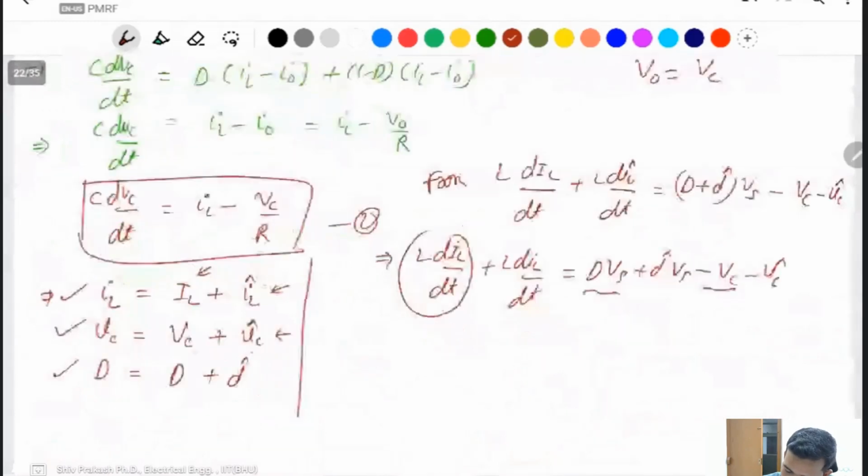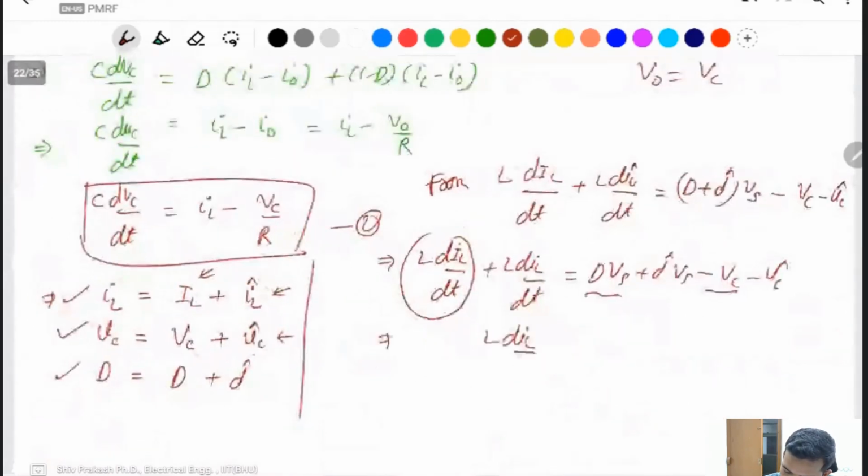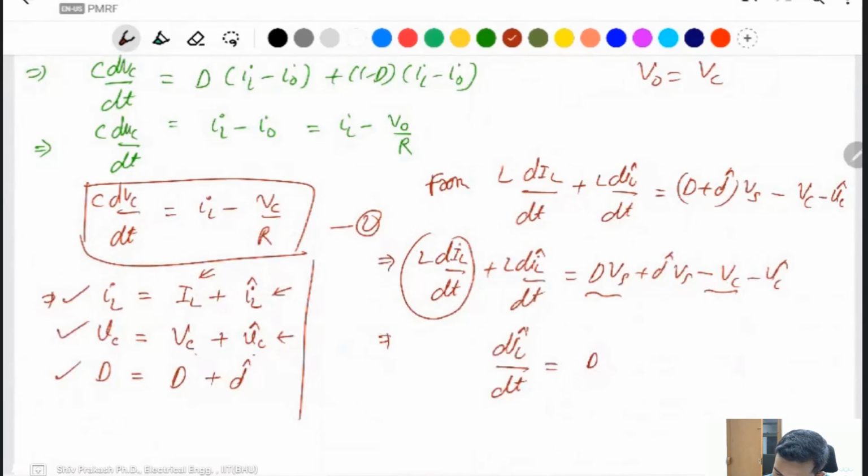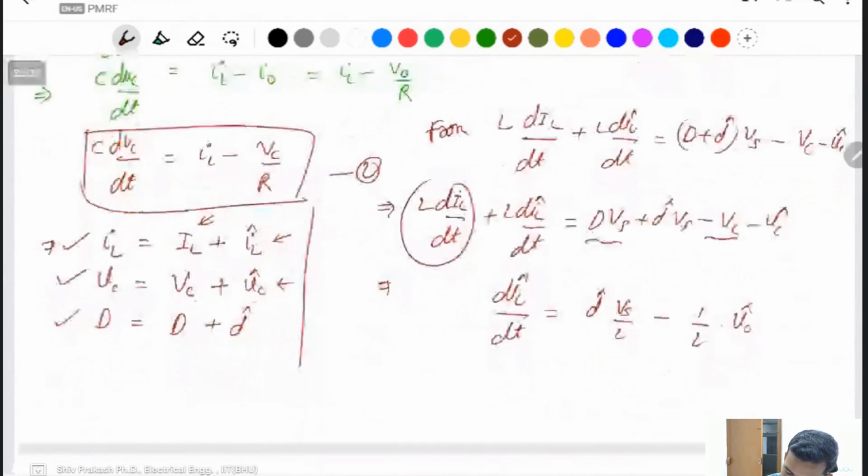We find only L dIL cap by dt. So dIL cap divided by dt is equal to D cap Vs by L minus 1 by L into Vc cap. This is equation number three.